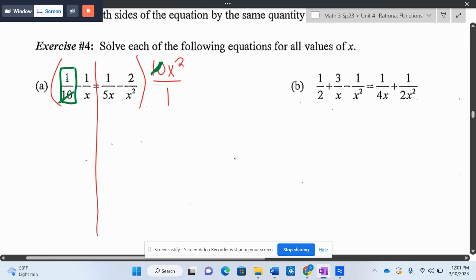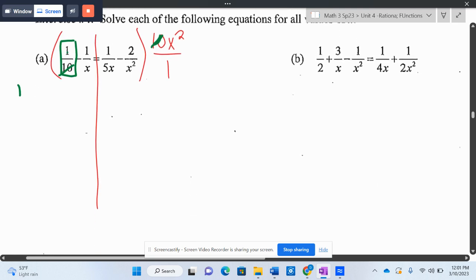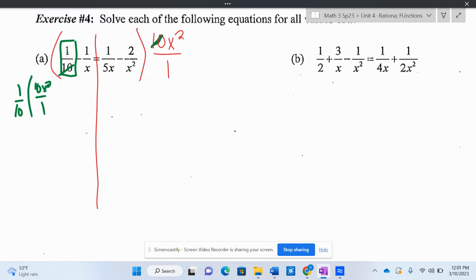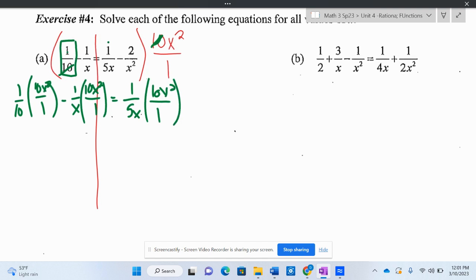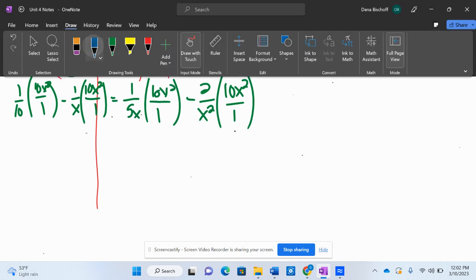So this becomes 1/10 times 10x squared over 1 minus 1 over x times 10x squared over 1 equals 1 over 5x times 10x squared over 1 minus 2 over x squared times 10x squared over 1.